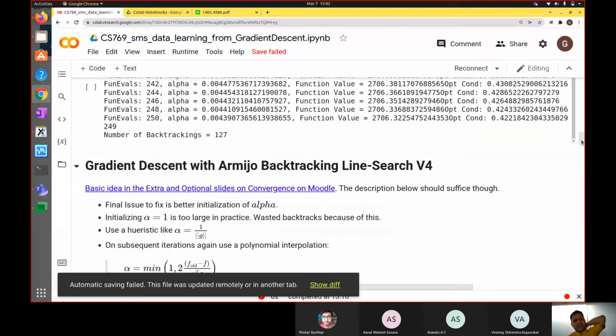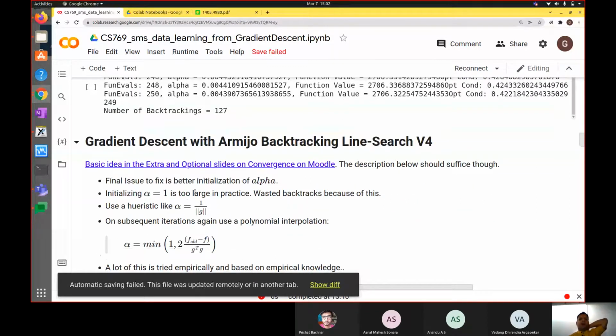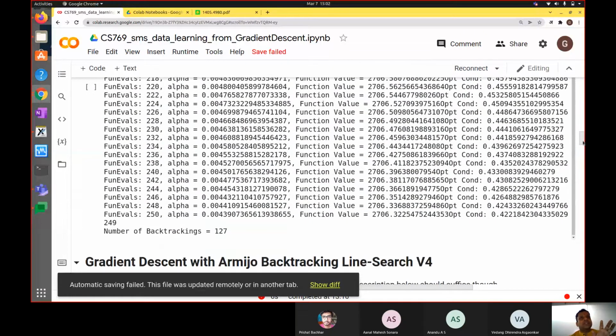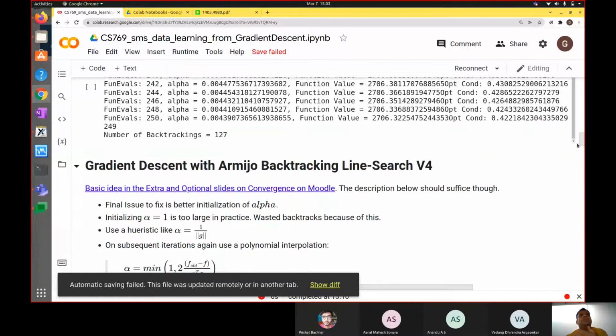Okay, so the idea is that initializing alpha equals 1 is too large in practice. So what you initialize alpha with is also important. The interpolation has exposed a potential issue with what alpha you initialize with, because interpolation will be as good as what you're interpolating, right?